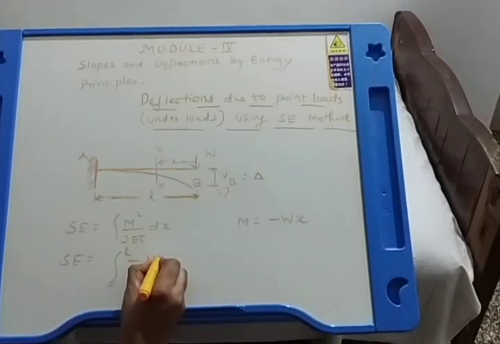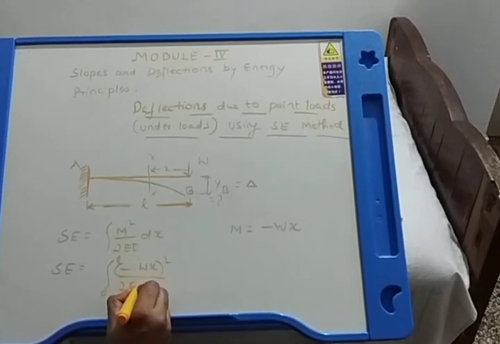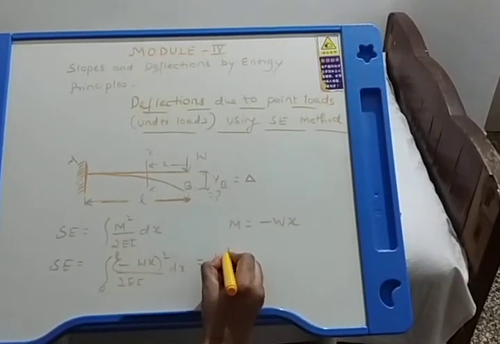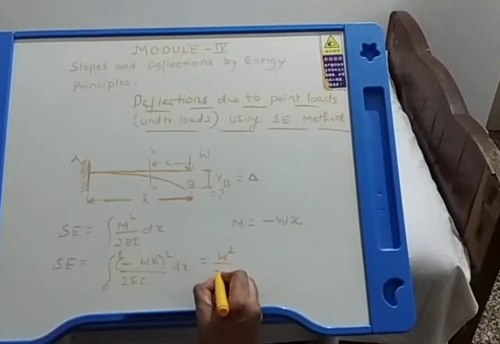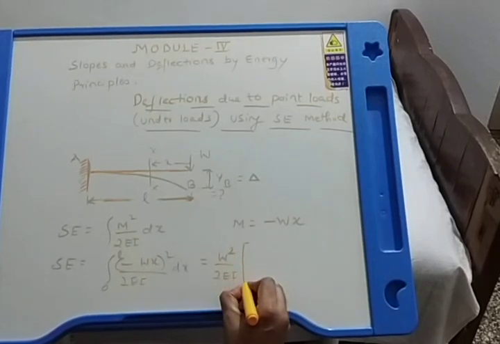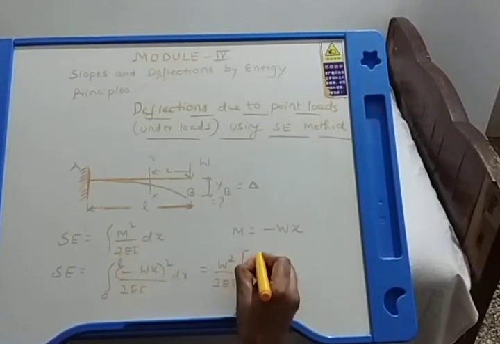Minus Wx the whole square upon 2EI dx. So quickly let us find out. W square keep outside, and 2EI that also keep outside. Then what is left out is integration x squared dx, 0 to L.